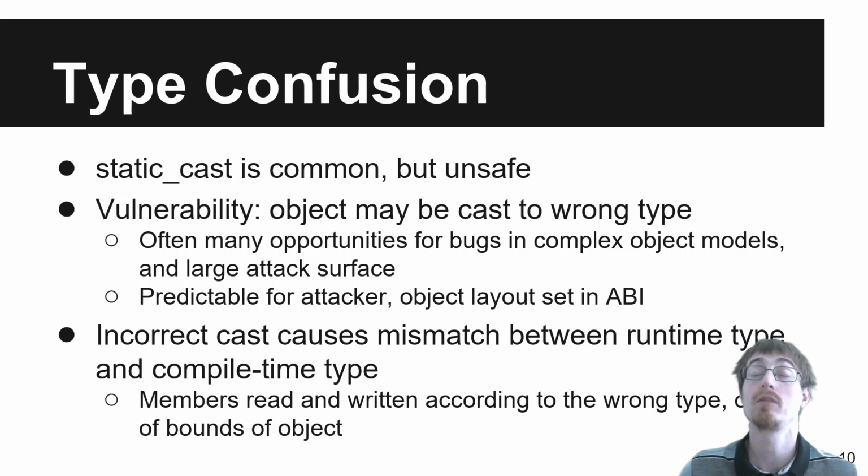So this bug is one for which there are many opportunities in complex object models. And there's also typically a very large attack surface. So if you're thinking about, for example, a browser that allows you to run JavaScript manipulating all the objects that relate to the document object model of the browser, in that case, JavaScript can do a great deal of confusing things to these pointers.